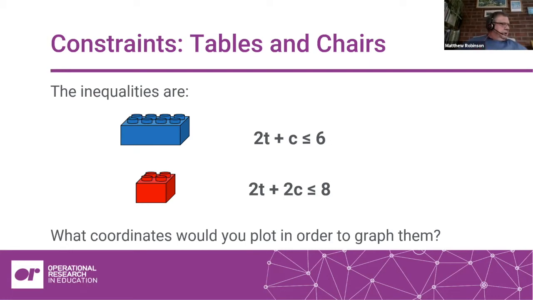If we were to produce 2 tables and 2 chairs, we're going to use all of the bricks. So we have 2 times T plus C. Remember, that's 2 for each table we produce, and then 1 for each chair we produce, and that has got to be less than or equal to 6.